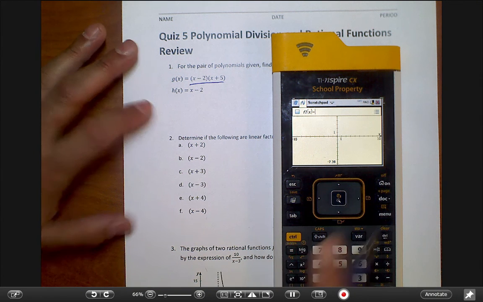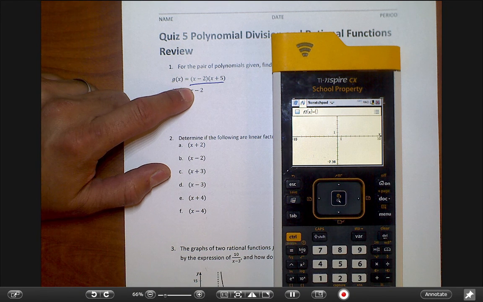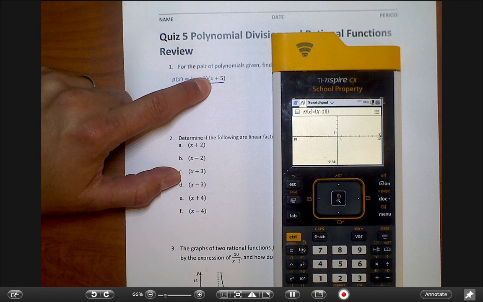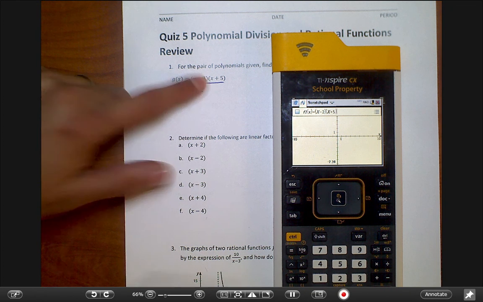I'm going to put in my parentheses, x minus 2, close, open, x plus 5.